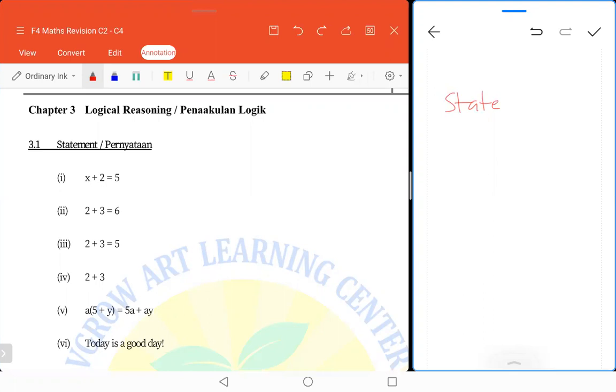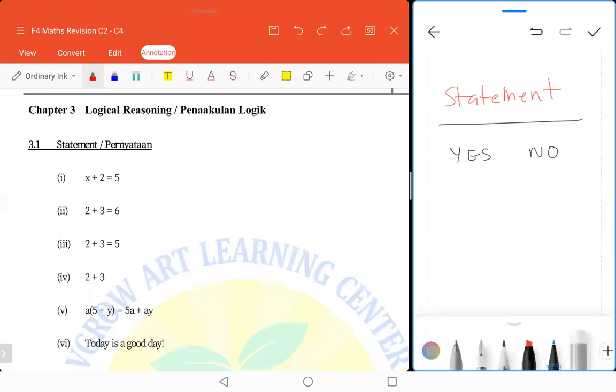If it is a statement, that means we can say yes or no. That means we can justify: this is correct, this is wrong, with confidence. Let's say we can tell the sentence is correct or incorrect with confidence, then the sentence is a statement.